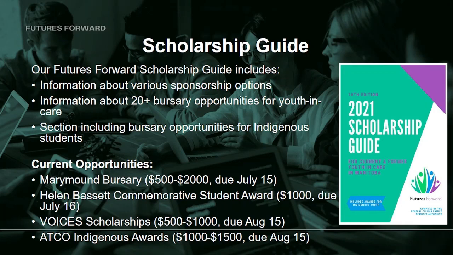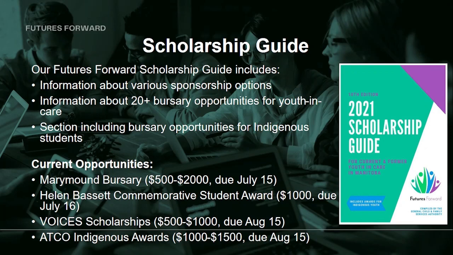Some of the opportunities that are coming up are the Voices Scholarship, which is due on August 15th, and the ATCO Indigenous Award, which is also due on August 15th. Unfortunately, the Marymount Bursary has passed already, as well as the Helen Bassett Commemorative Student Award.